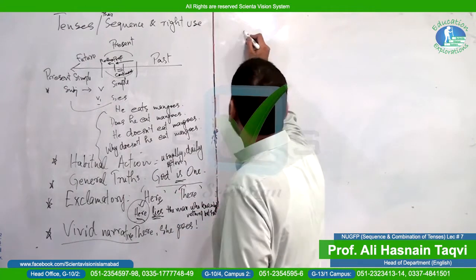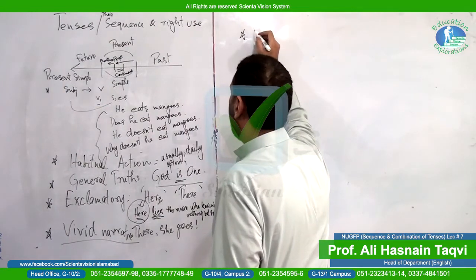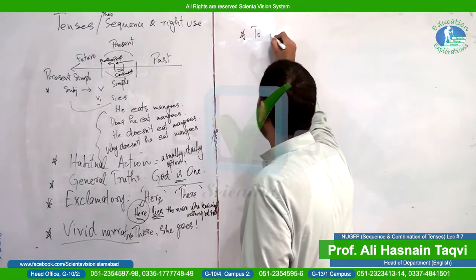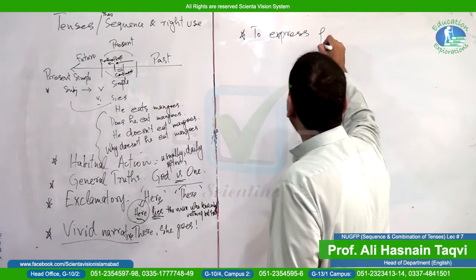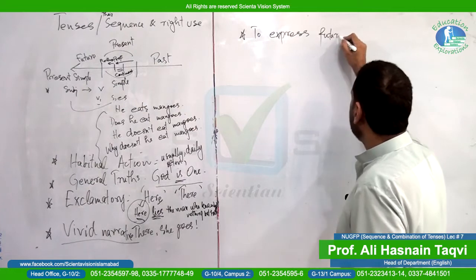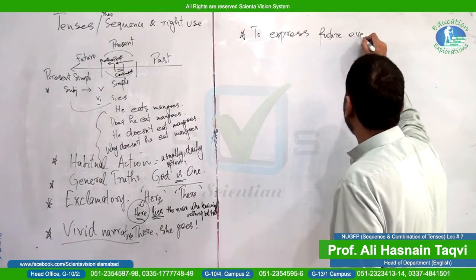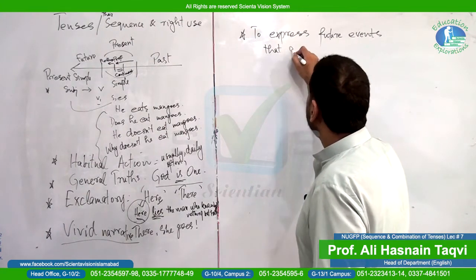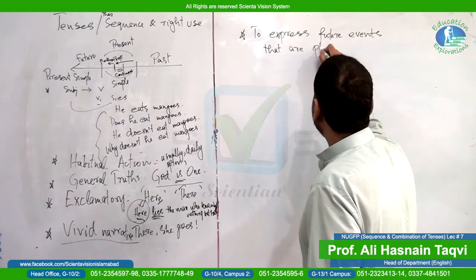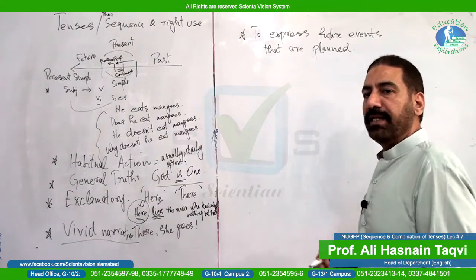Apart from that, you may also use this tense to express future events. Normally we use future simple for future events, but to express future events that are planned or scheduled, you require this present simple tense.